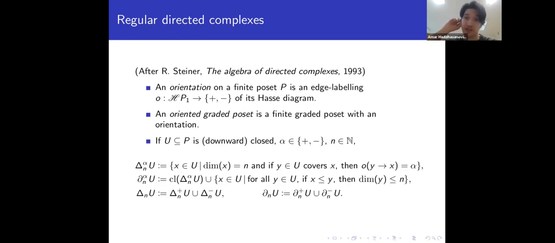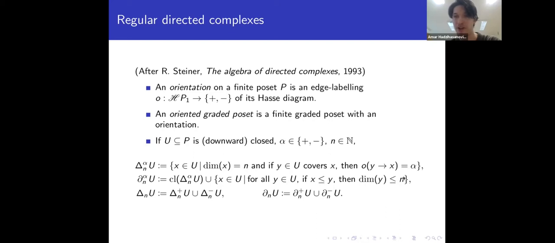And just from this structure, we can give combinatorial definitions of the input and output boundary of a closed subset U. Here plus is output, minus is input. For example, we take this set to be all the n-dimensional elements in U that are only covered by elements with orientation plus.